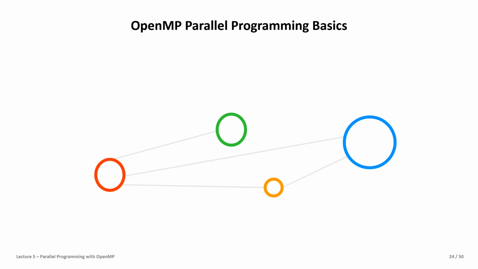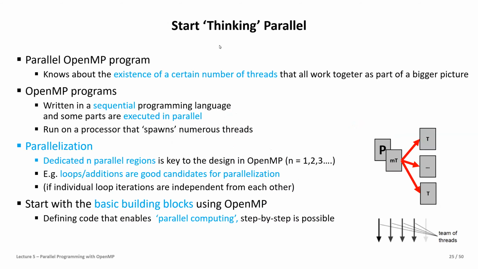That's something we will look at in the end today, a little bit in the second part, but also, of course, when we think about accelerators in lecture 6, which is coming up next. So fasten your seatbelt again for a new parallel programming language. Needless to say, we still have to think more and more in parallel, like we did with MPI, but here we think about threads.